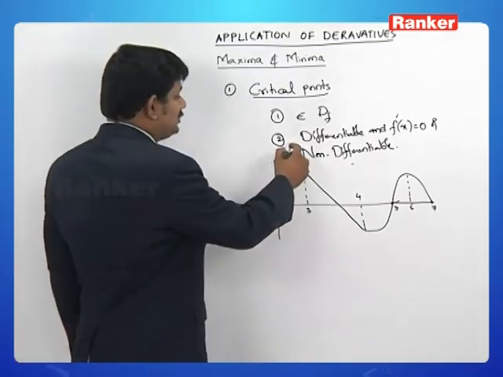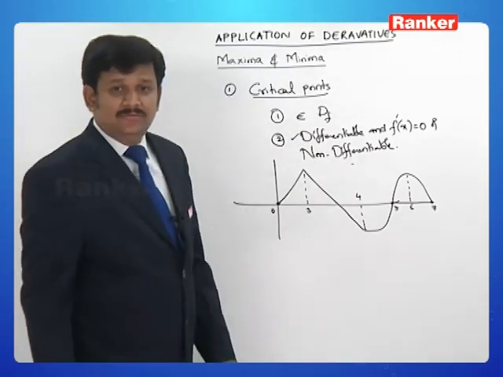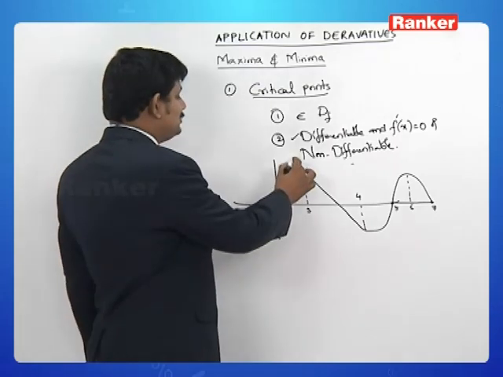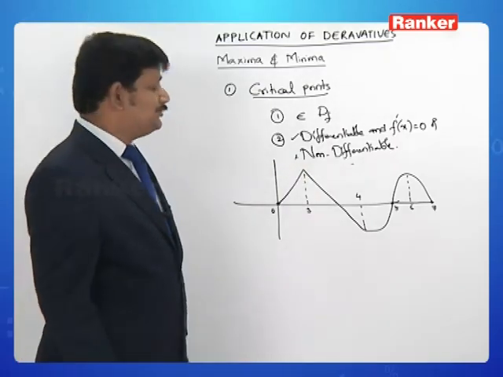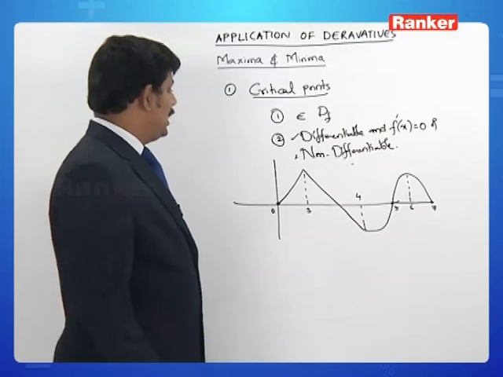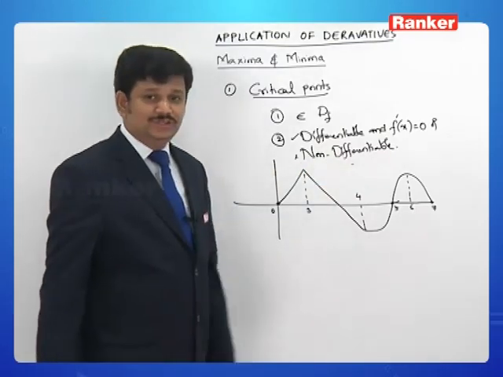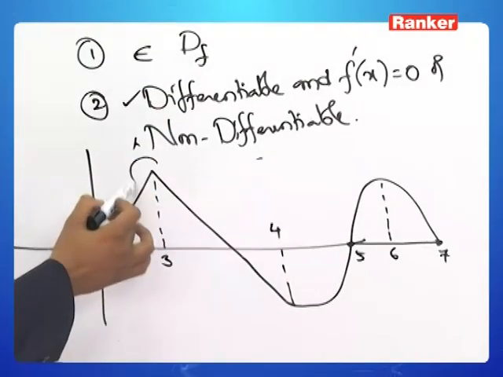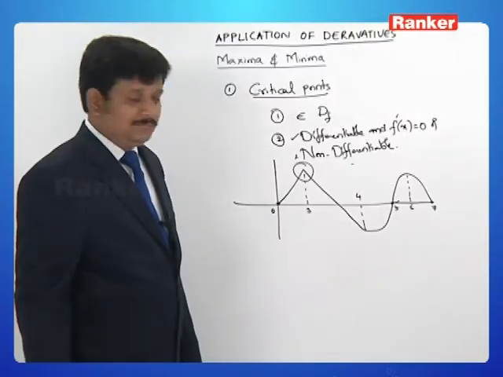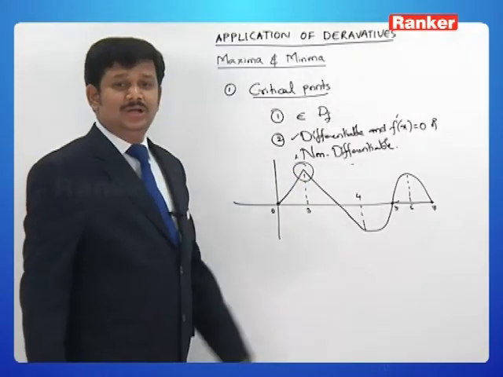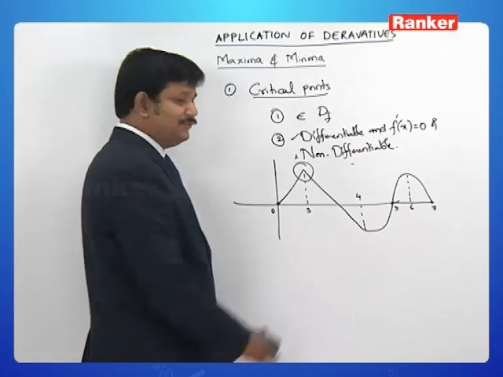Now, among these points, those where either the derivative is 0 or the function is non-differentiable, we call critical points. So, are there any points where the function is non-differentiable? We can see a sharp point here, and this sharp point indicates non-differentiability. So, this is one point of non-differentiability.